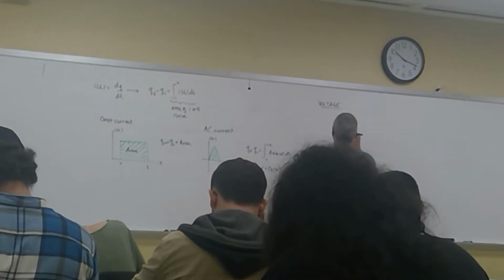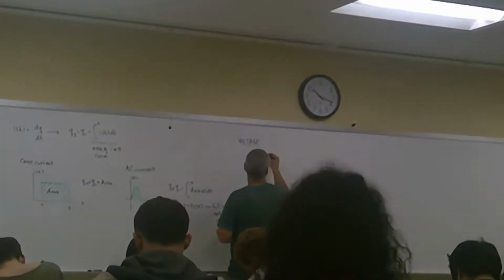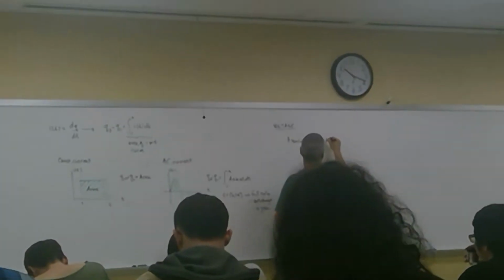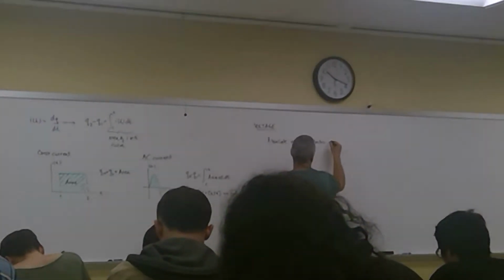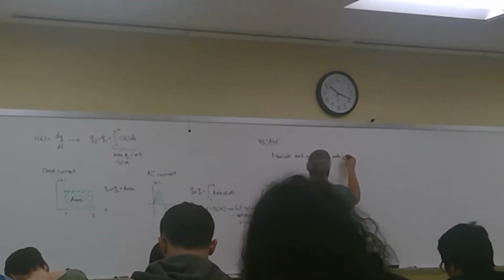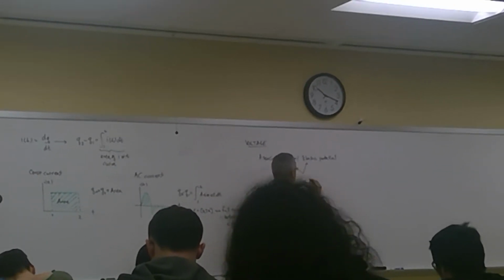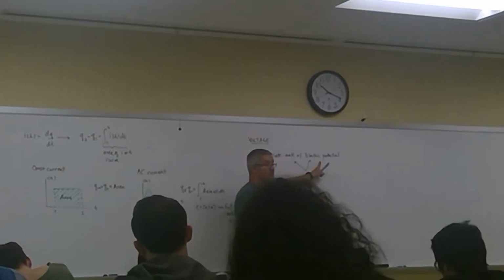So typically, what we do here is that we associate work with the electric potential. Now note, these are two different animals. They have different units. This has units of voltage.